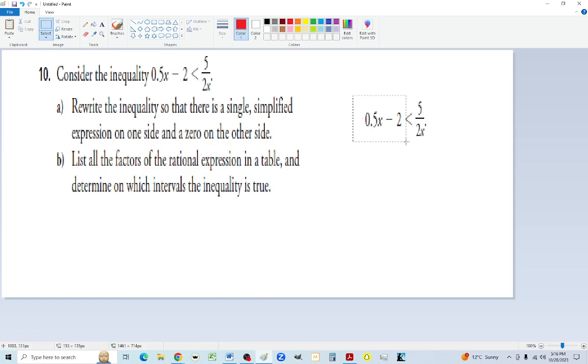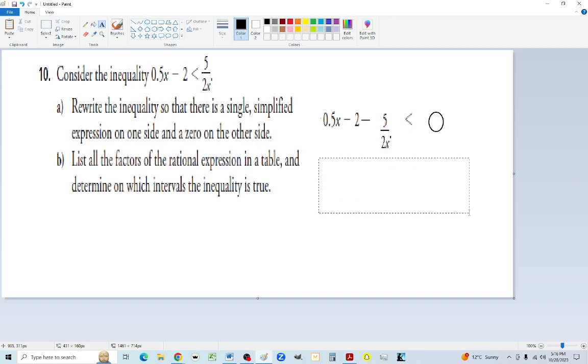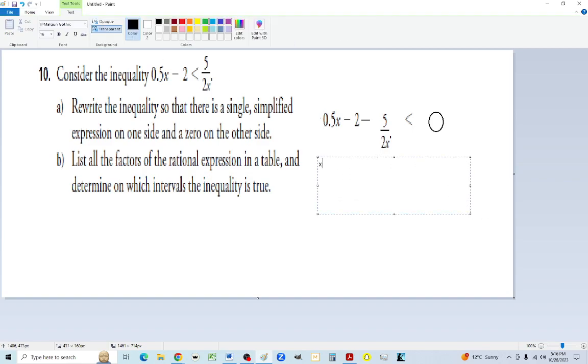So if I put this all on one side, this becomes a minus on the left. And 0. And then to put it all over the same thing, I have to multiply everything by 2x over 2x. So I get x squared minus 4x. And that just stays as minus 5 all over 2x.